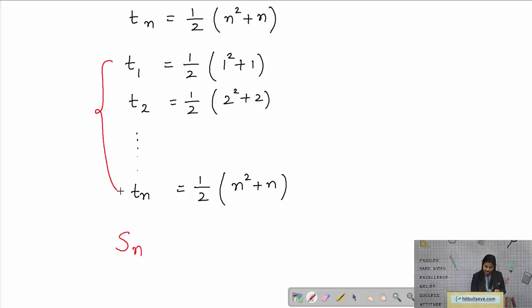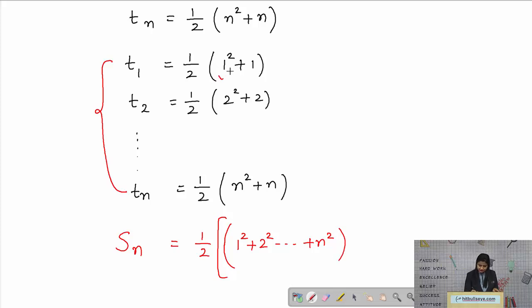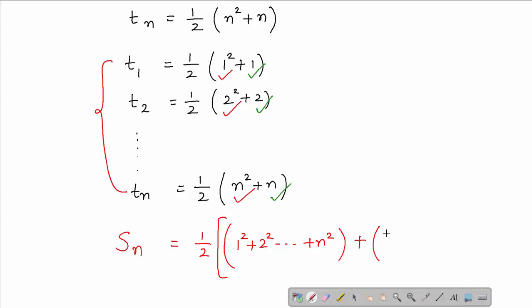That is the sum of the first n terms. So if we combine them, we will get 1 square plus 2 square plus so on up to n square. That is the first column. Plus, now the remaining thing, 1 plus 2 plus so on up to n. So it comes out to be half of sigma n square plus sigma n.